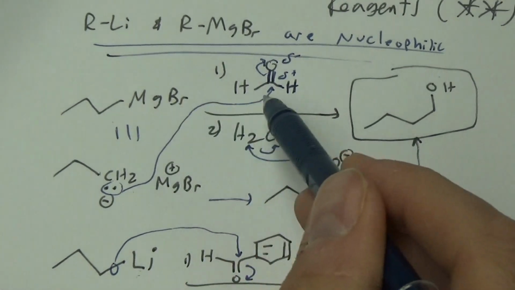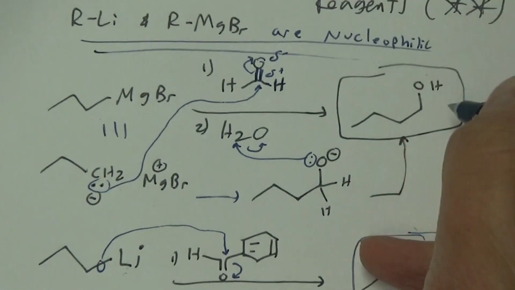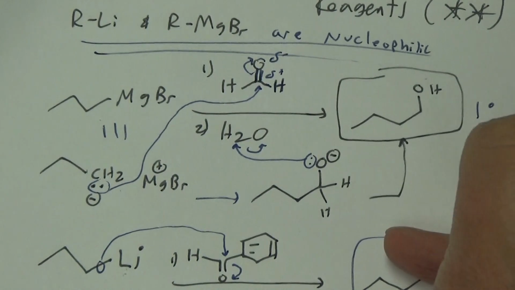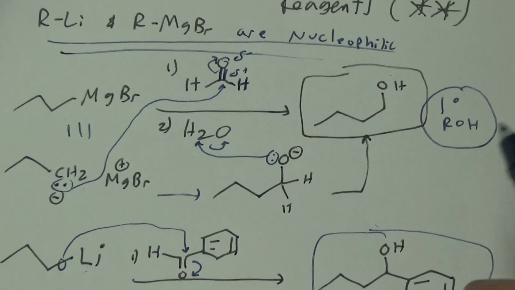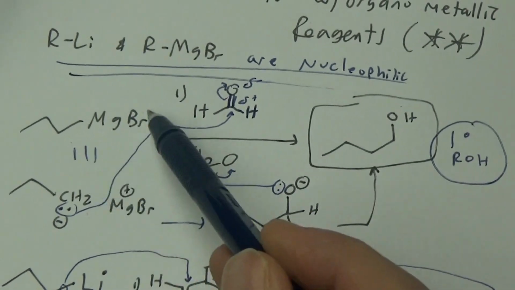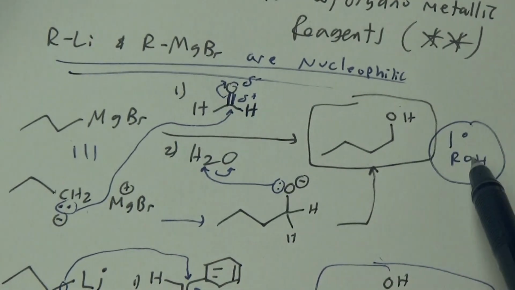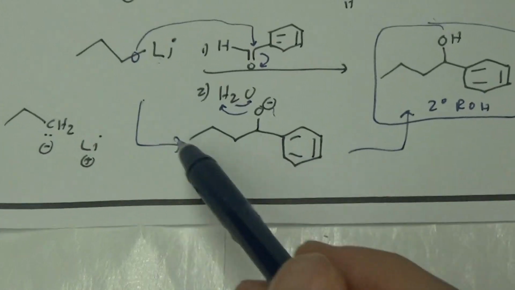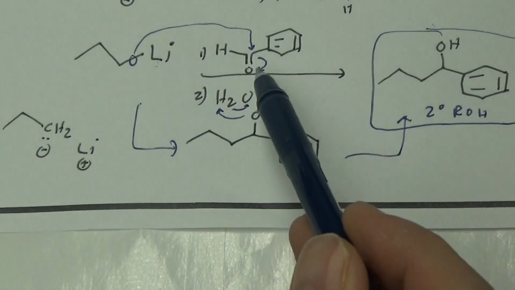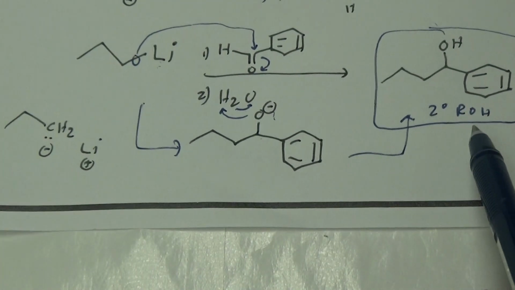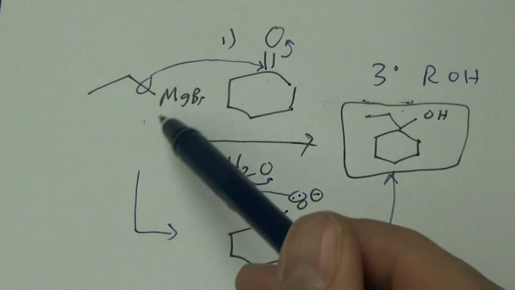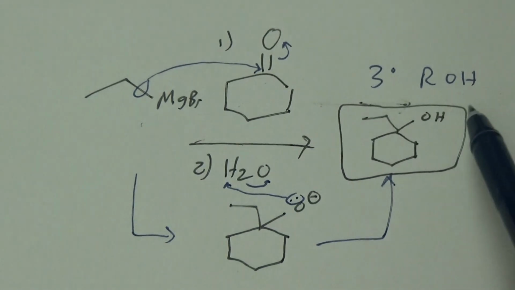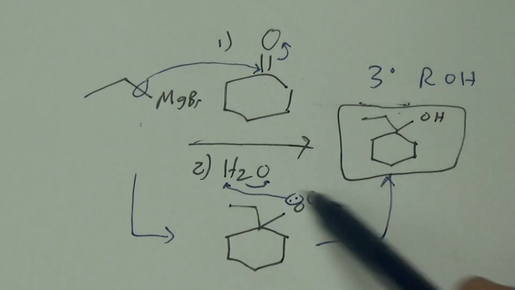Going back, formaldehyde, we made a primary alcohol. That's an interesting point. If you add to formaldehyde, you make a primary alcohol. If you add to an aldehyde, you make a secondary alcohol. And if we add to a ketone, we make a tertiary alcohol. That's a good thing to keep in your mind. It's going to help you a bit.